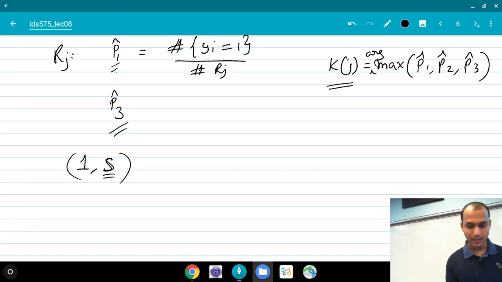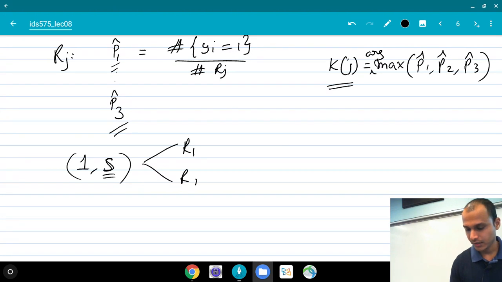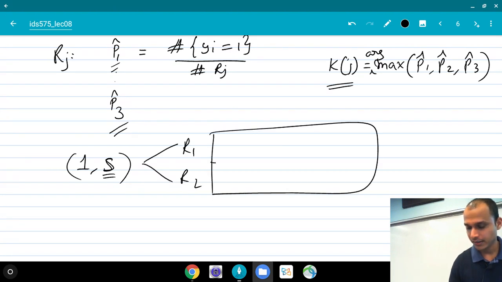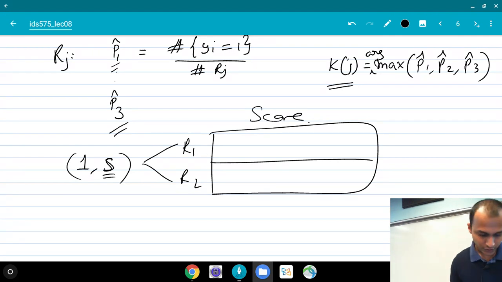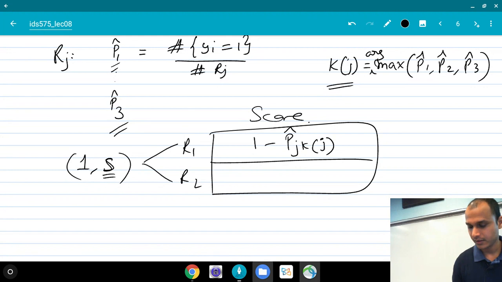There will be 2 regions, and then for each region you can have a score. Let's say R1 and R2, and I can have some score for it. The simplest score could be 1 minus p hat j and kj.